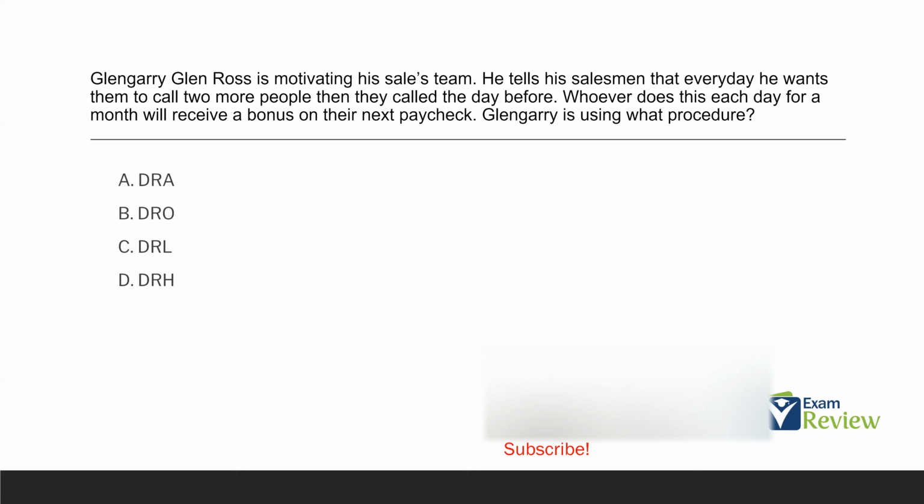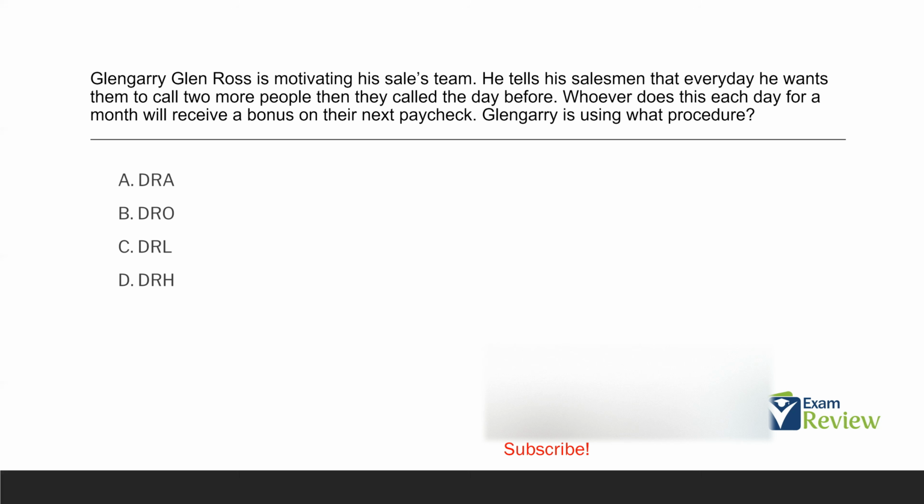All right, so we're looking at Glengarry's intervention. If we see our answer choices, it's differential reinforcement, right? He's using some sort of differential reinforcement intervention, so we have to determine which one. Now, when we have differential reinforcement questions, we have to remember just a few things that will help us quickly eliminate some answers.